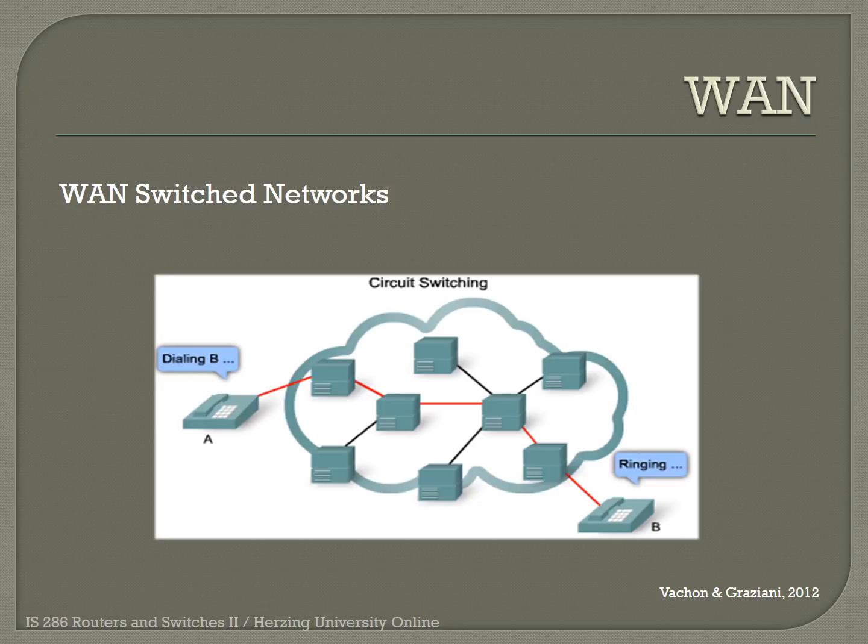The next topic that we need to take a look at is WAN switching, which is entirely different from the LAN switching that we focused on in the first few weeks of this class. There are two types of WAN switched networks: circuit switched and packet switched. Circuit switched networks have been around for quite a while.